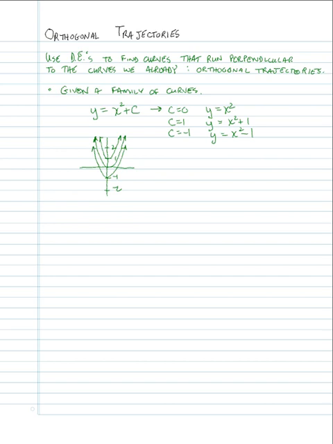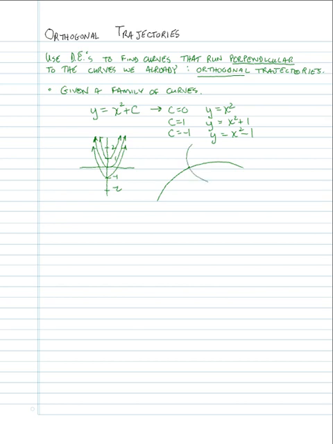So the idea is we're going to be given a family of curves. Now what we're looking for is the orthogonal trajectory. So we're looking for a second family of curves. And orthogonal really means perpendicular when we're talking about curves. Of course, when we're talking about straight lines, we understand perpendicular. But when we're talking about curves, here is a curve, and say we have another curve that intersects here.